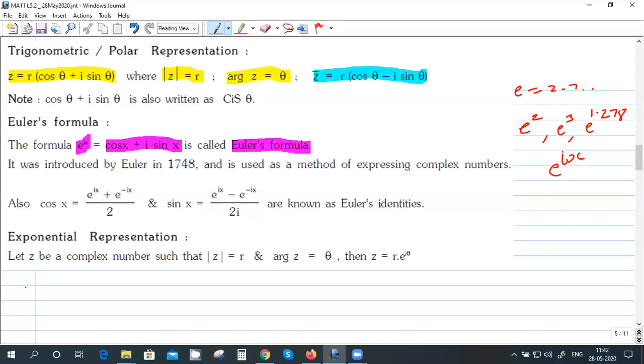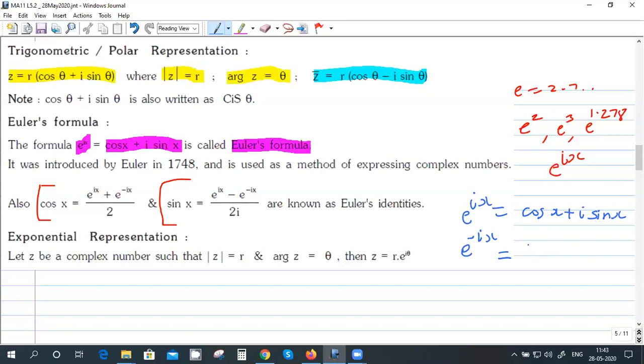So from this you get cos x as this one, and sin x as this one. If e raised to the power ix is cos x plus i sin x, what is e raised to the power minus ix? Another way to look at it is you just put x equal to minus x in the previous one.